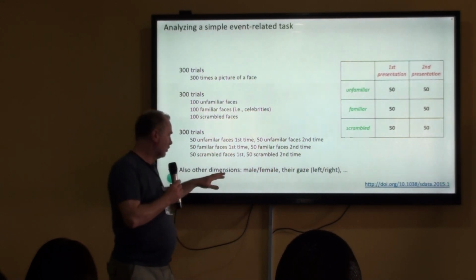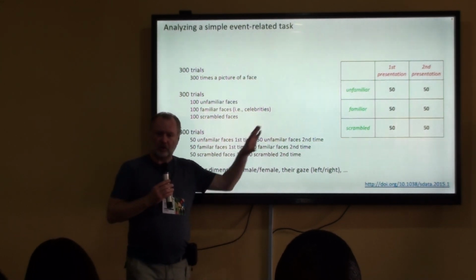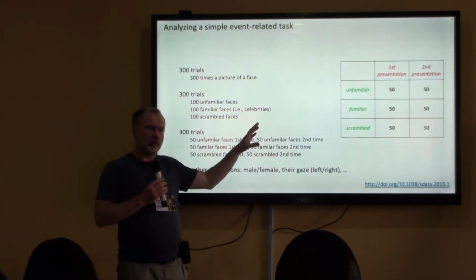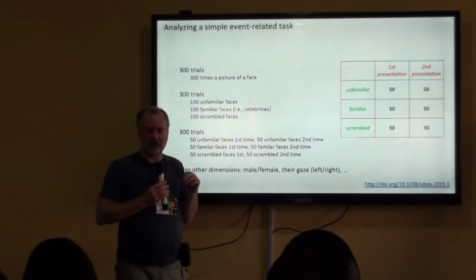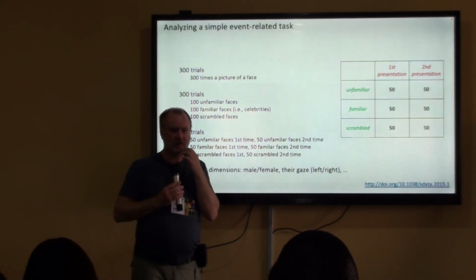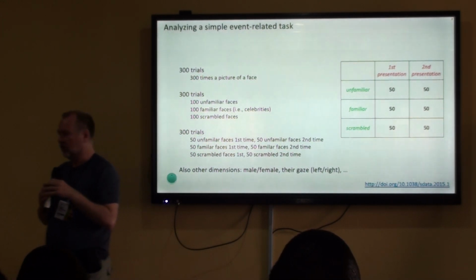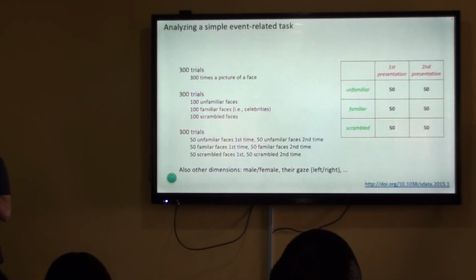You could consider additional factors, but this is getting too complex. So this is called a factorial design, and we would call this a 3x2 design, because every trial falls into this 3x2 matrix. And with this 3x2 matrix, we could think about how we have collected the data.